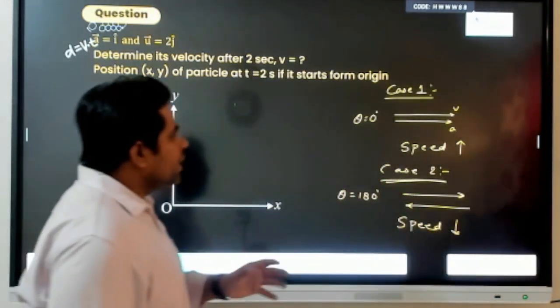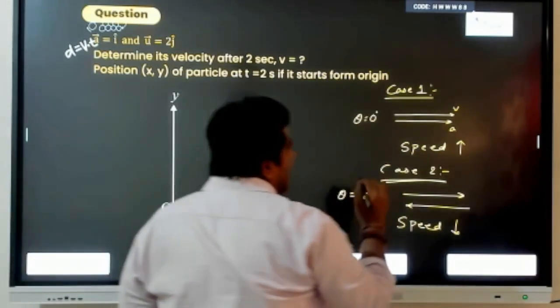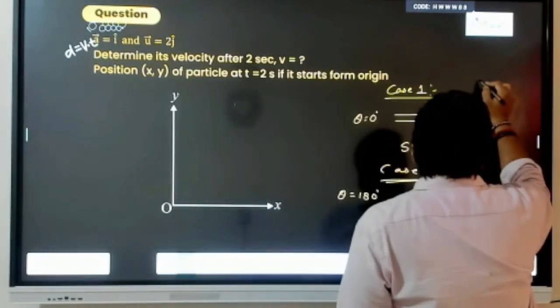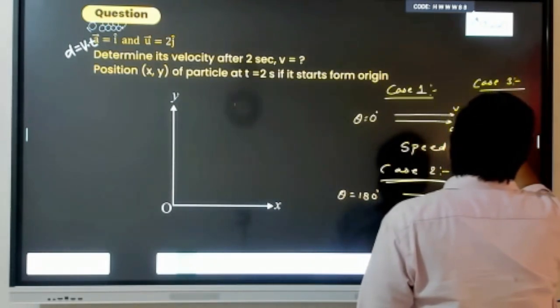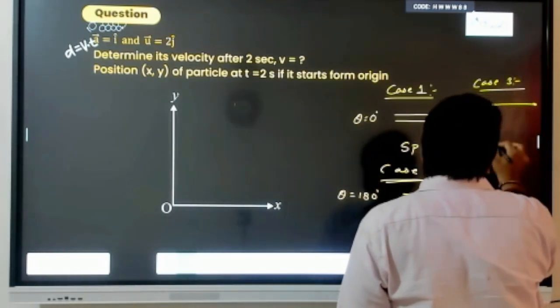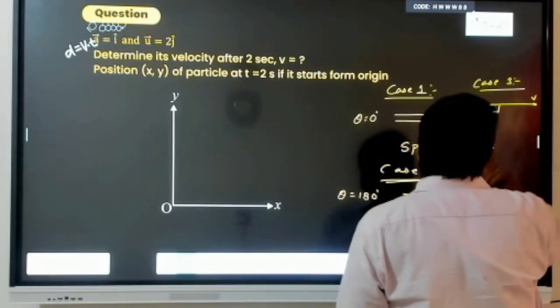Yes. And one more case: case 3. Suppose the velocity is in the forward direction and the acceleration is in this way, this is acceleration, this is velocity, and both are making 90 degrees with each other.